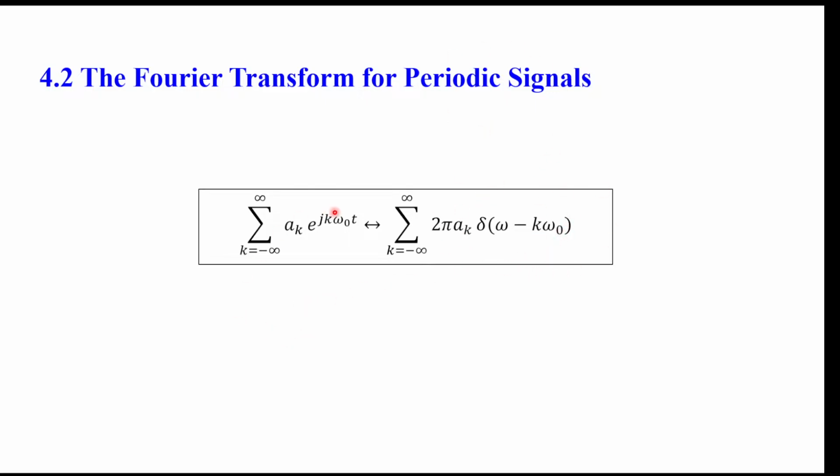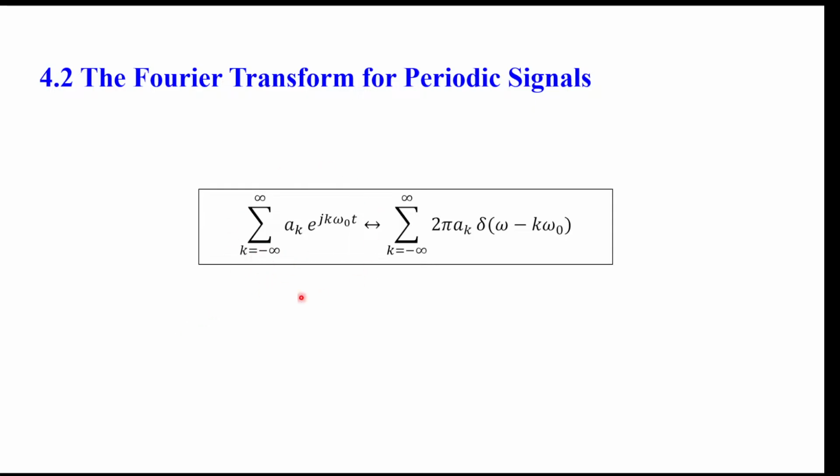So if you have e to the jk omega t, then although you cannot really do direct integration, by the Fourier transform back and forth property, if you think the Fourier transform and the inverse Fourier transform are close for this e to the jk omega naught t, then we think that 2 pi delta of omega minus k omega naught is the Fourier transform of e to the jk omega naught t.